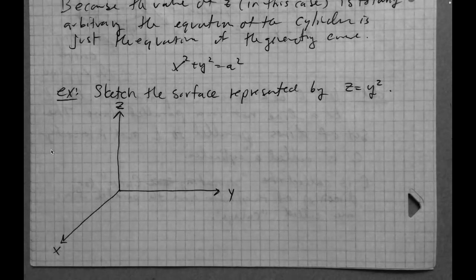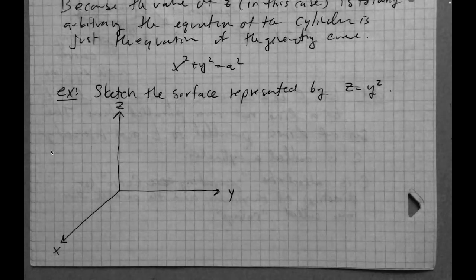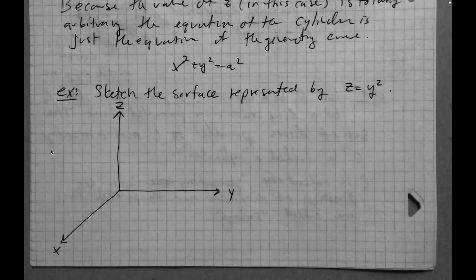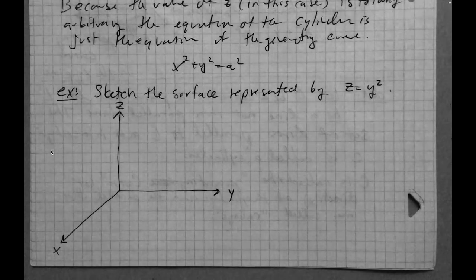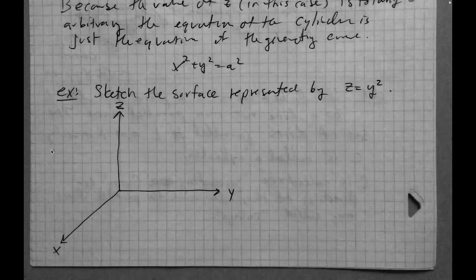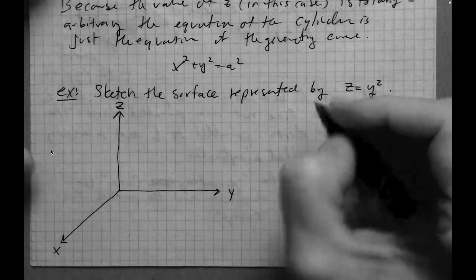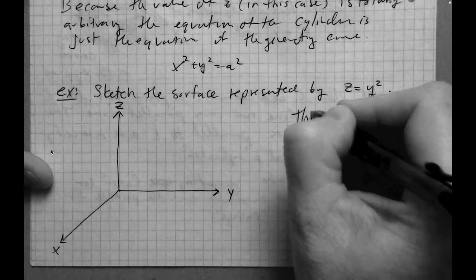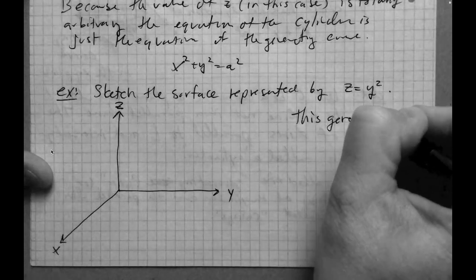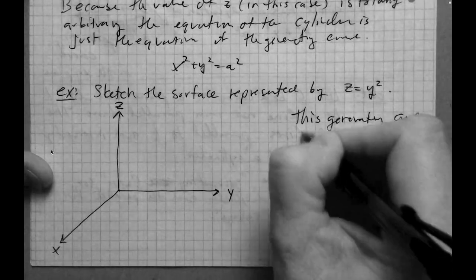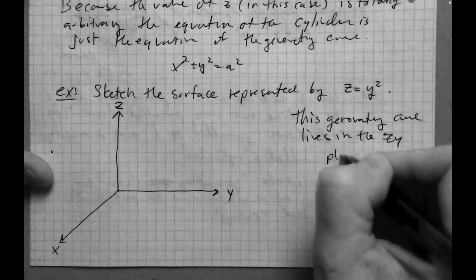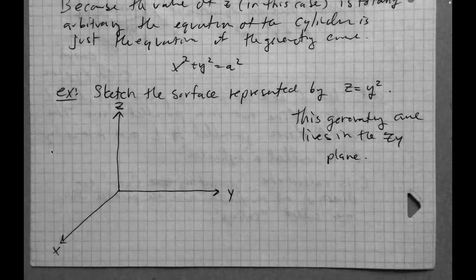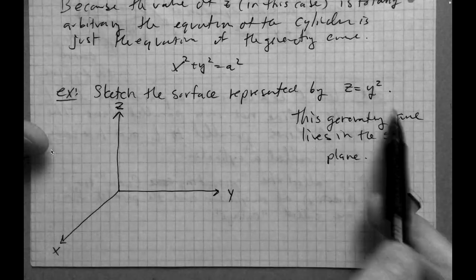The fact that z and y are included in the expression but x is not means that this generating curve, z equals y squared, lives in the zy plane. And so we could easily sketch this.